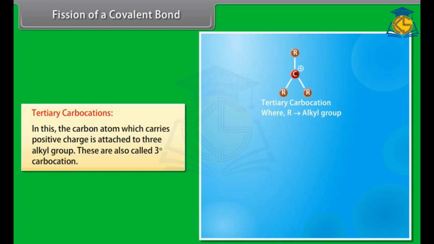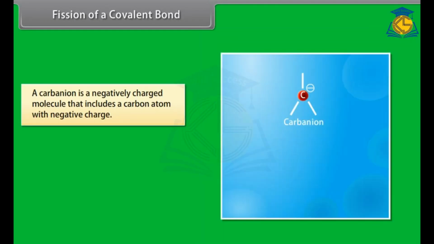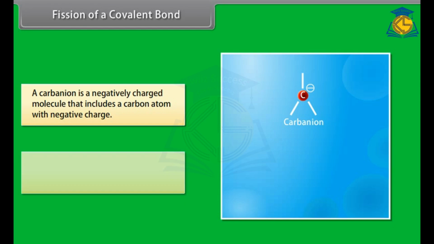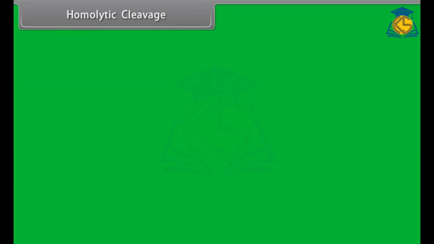These are also called 3-degree carbocation. Order of stability of carbocations is: a carbanion is negatively charged molecule that includes a carbon atom with negative charge. The simplest carbanion is the methide ion, can be derived from methane by a loss of proton.